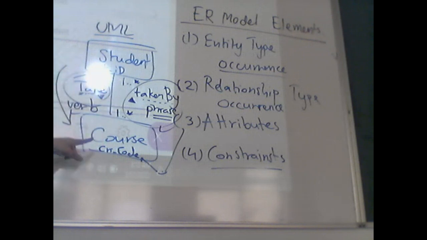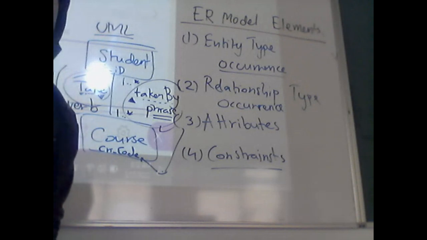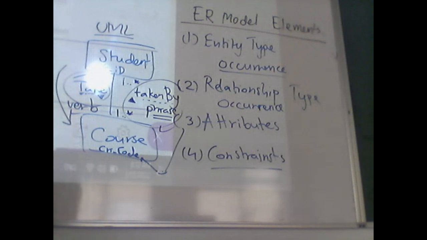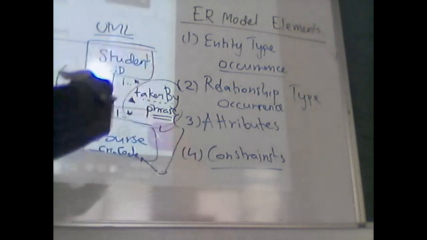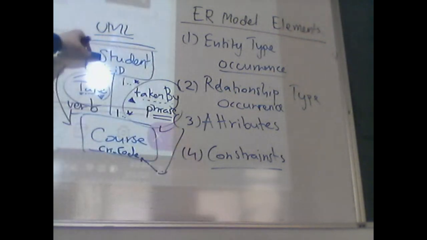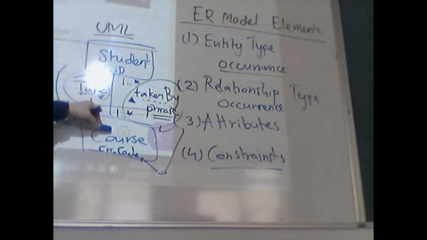Same with courses. The course entity type is a participant of the take relationship, or the course participates in the take relationship. So this is what we mean by a relationship type, and relationship occurrences will be occurring from the student entity type and from the course entity type.